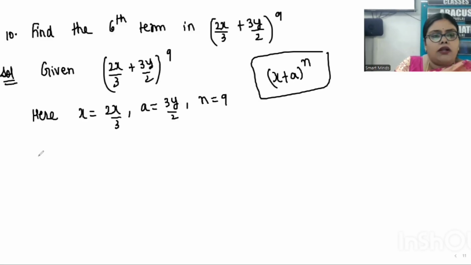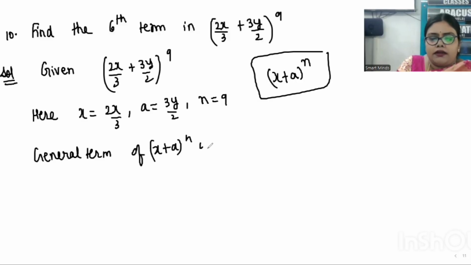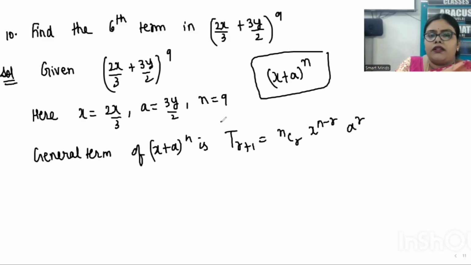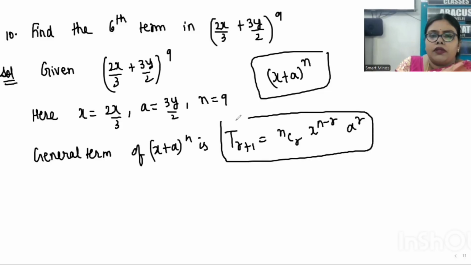Okay. So now what is the general term? General term of (x plus a) whole power n is T(r plus 1) equals nCr x power (n minus r) a power r. This is the formula. Now in this formula, we will substitute x, a, n as 2x by 3, 3y by 2 and 9.